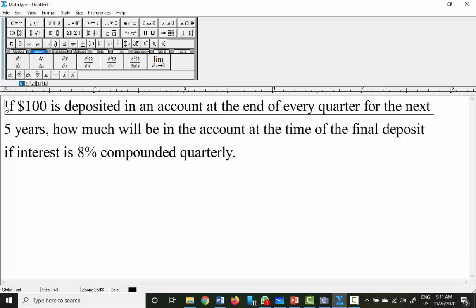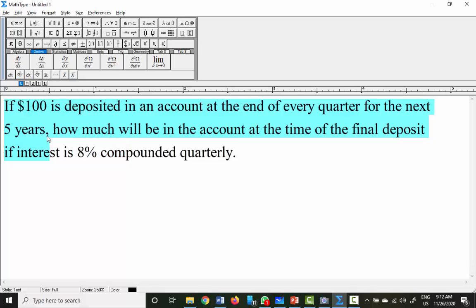In this example, $100 is deposited in an account at the end of every quarter for the next 5 years. Checking the keywords, at the end of every quarter you are making a $100 payment.